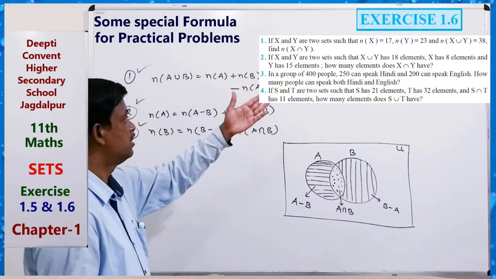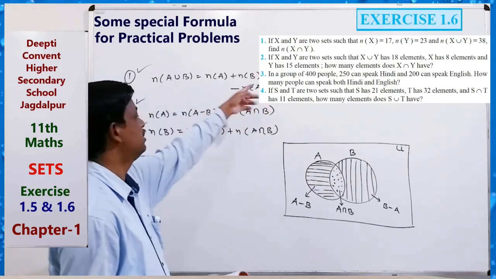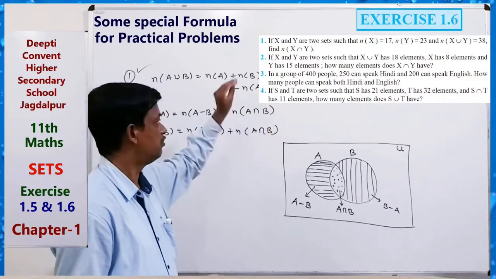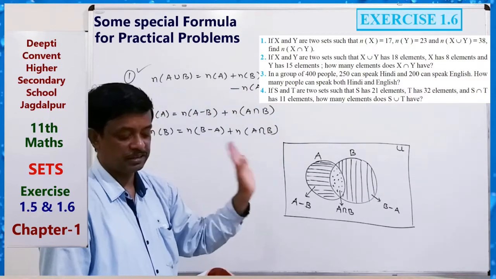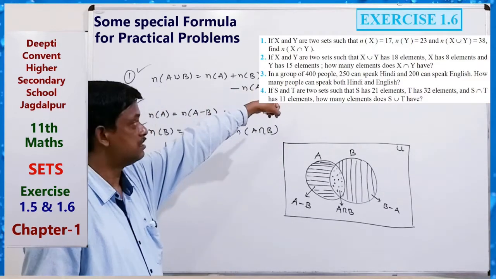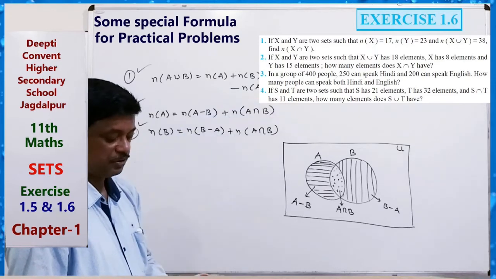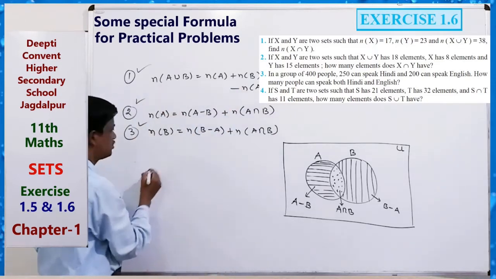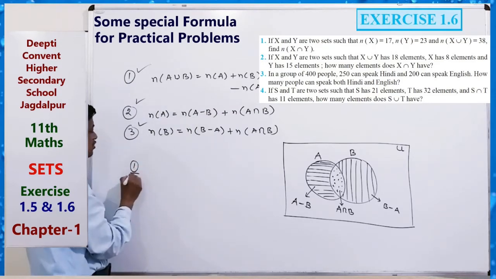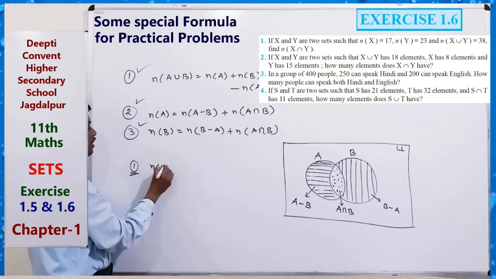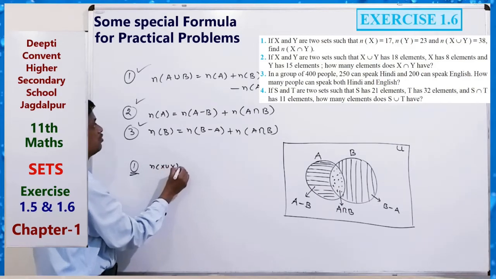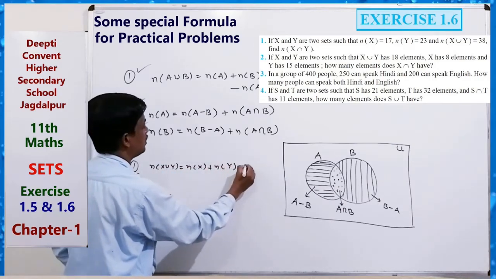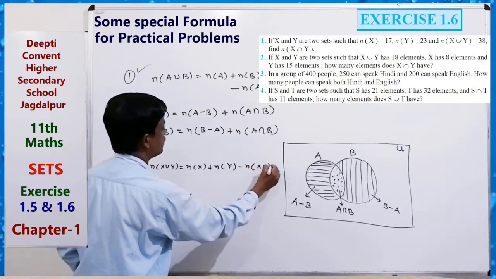In place of X and Y, you can take A and B. So this will be the formula, put the values in three places, and you can get the value of X intersection Y. So n(X union Y) equals n(X) plus n(Y) minus n(X intersection Y).